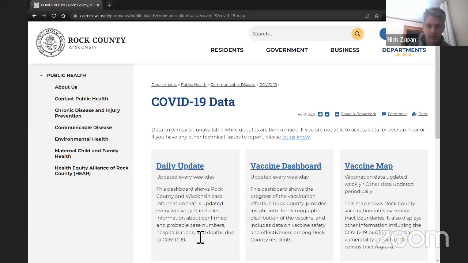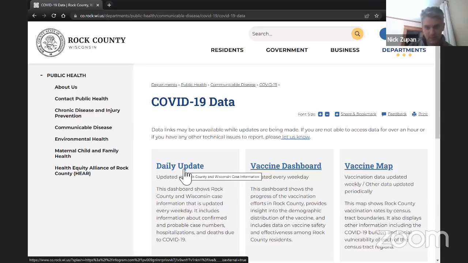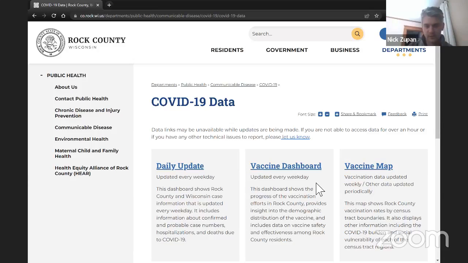So the vaccine dashboard, you can look forward to weekly or every other week updates in the future here, and we'll keep you updated. We'll update this language also on the website so that it's consistent with our update frequency, but just wanted to give you a heads up that will be changing.